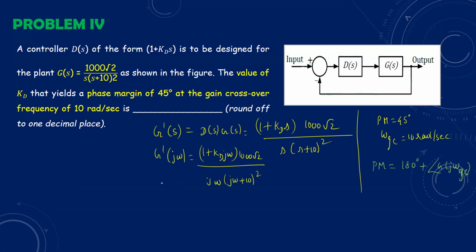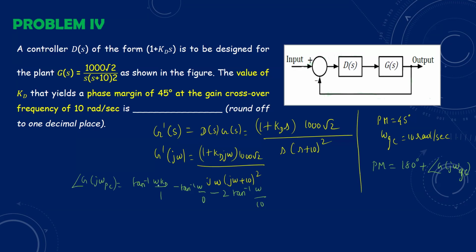So from this transfer function, we can find the phase angle at gain crossover frequency. So angle of G of j omega GC equal to, from the numerator, tan inverse KD omega, minus tan inverse omega by 0, minus, and this is whole square, so 2 tan inverse omega by 10. Okay.